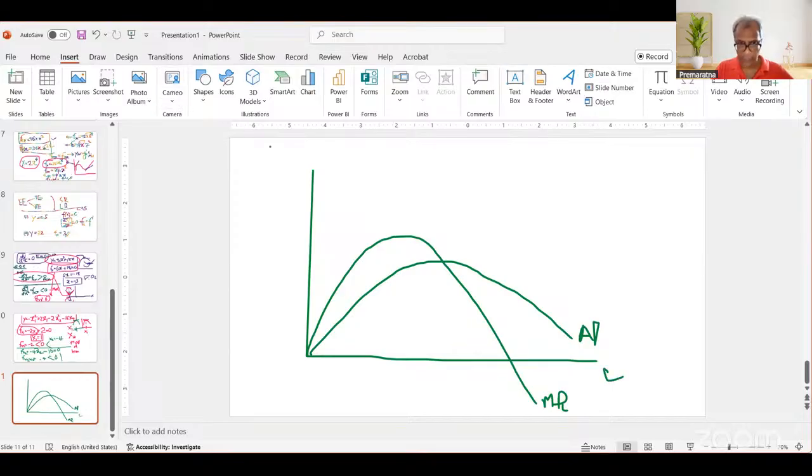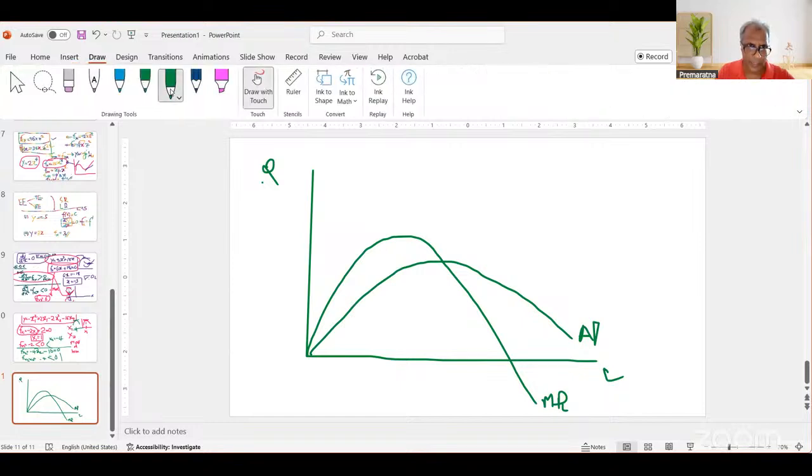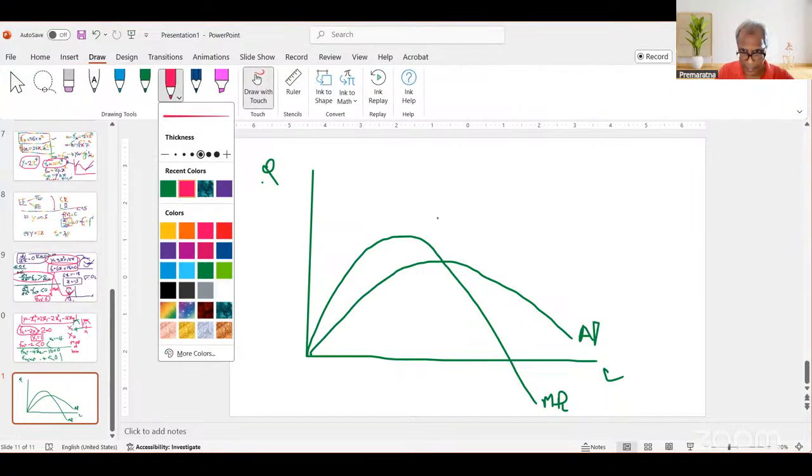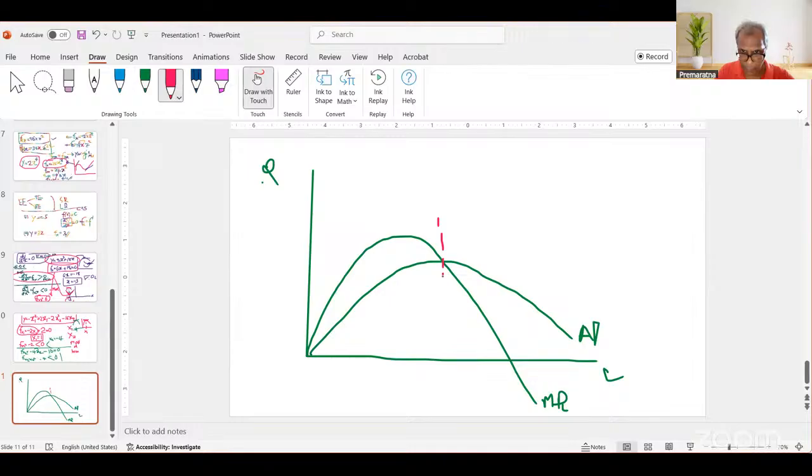So last time we already discussed those. Now here, a very important thing we also discussed last time: we identified some stages. There are boundaries we identified.